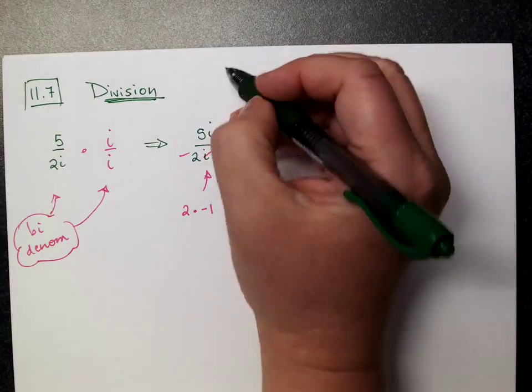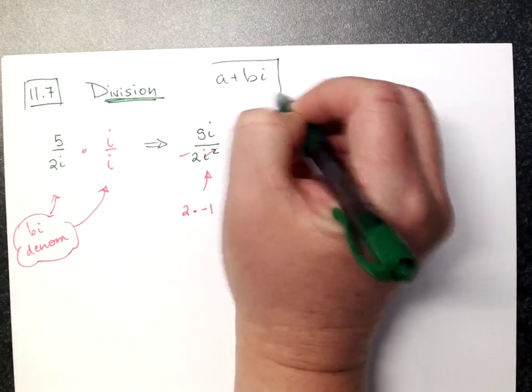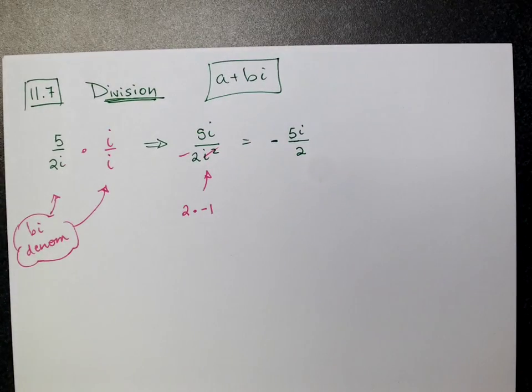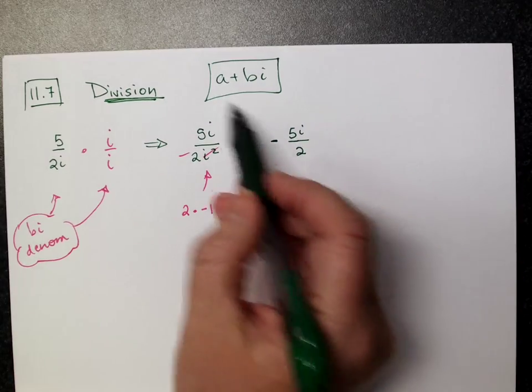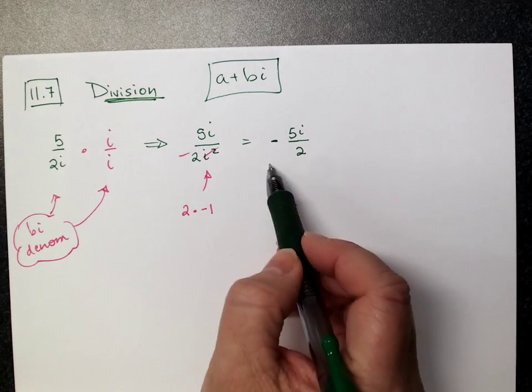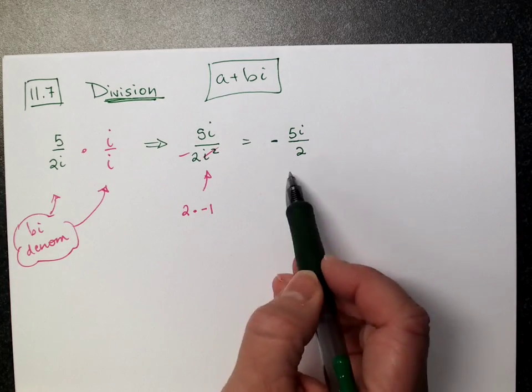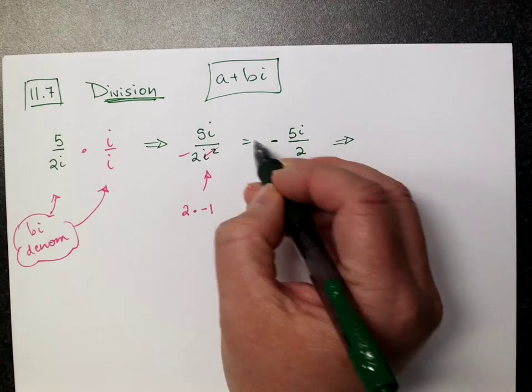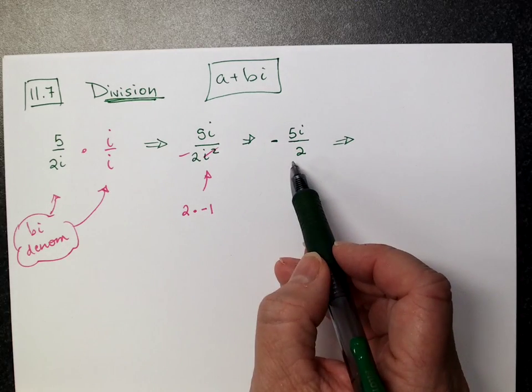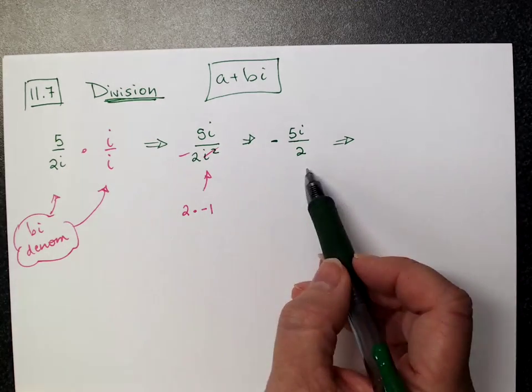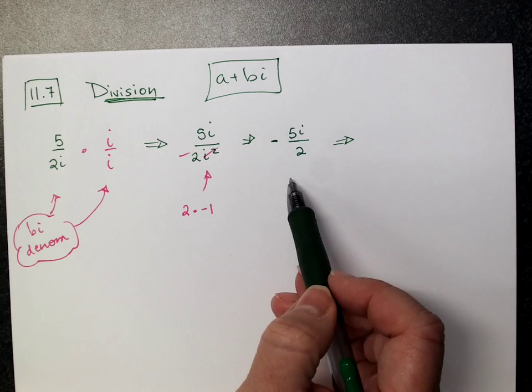Now, of course, we want to write our answers in a plus bi form, full formal complex number form. So, what is our a? Our a is our pure real. Is there a pure real? 0. Right.